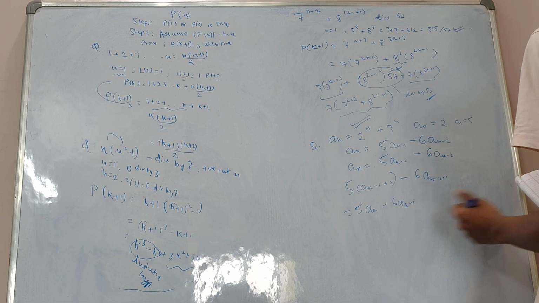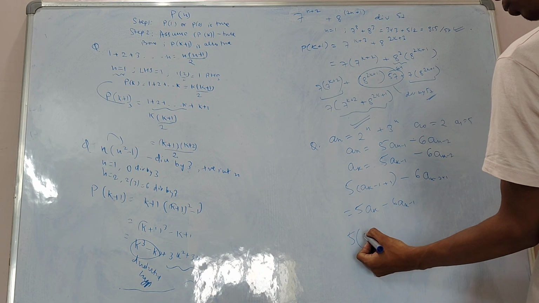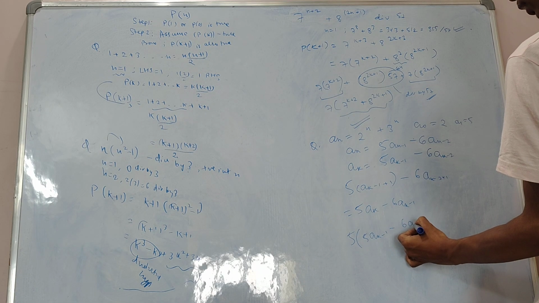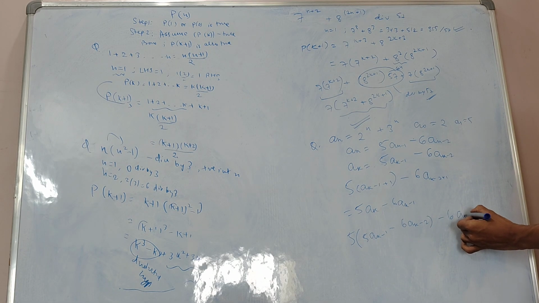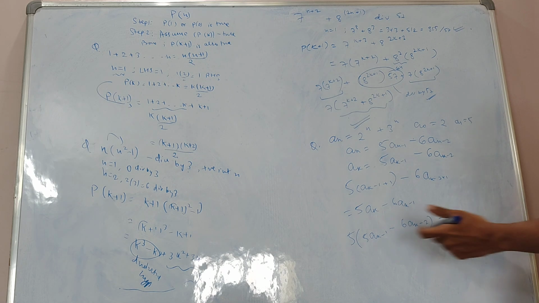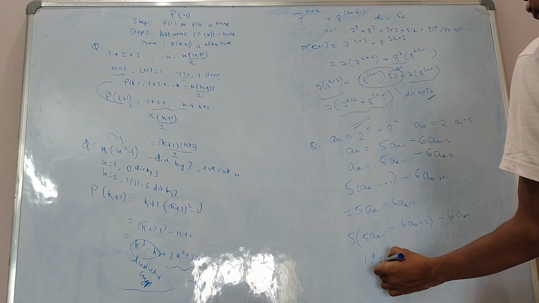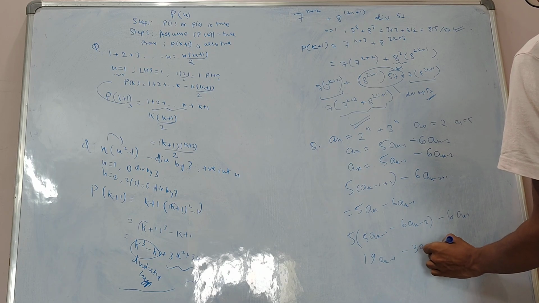This will give me a_k, I can write it as 5 into 5 a_{k-1} minus 6 a_{k-2} minus 6 a_{k-1}, right. So overall I will get 19 a_{k-1} minus 30 a_{k-2}.